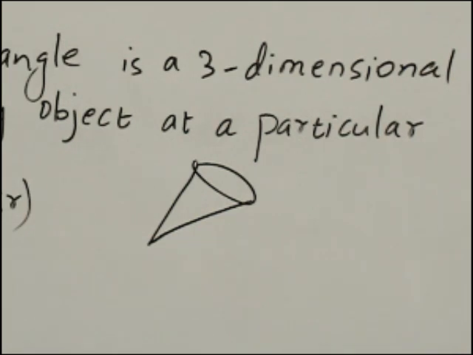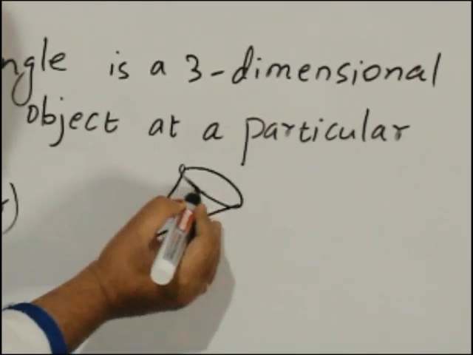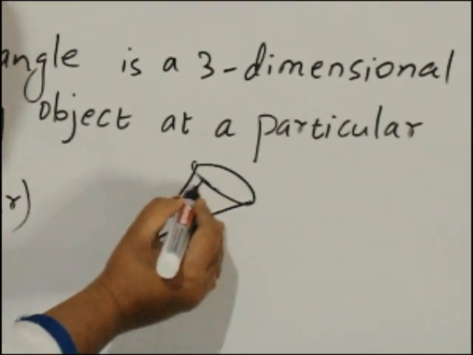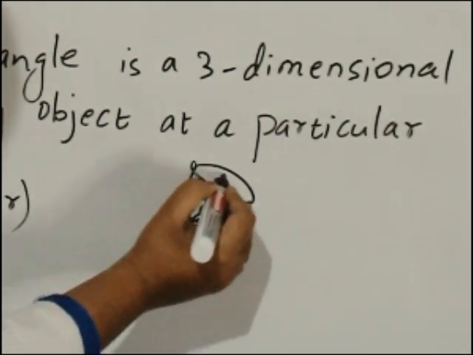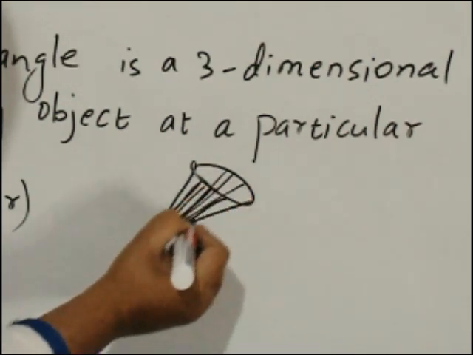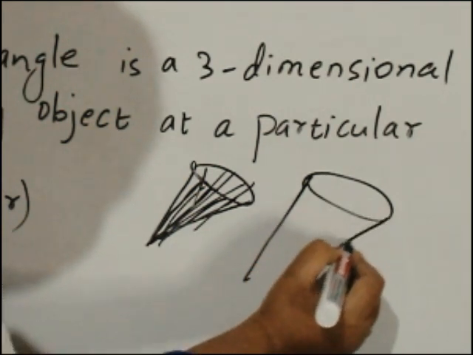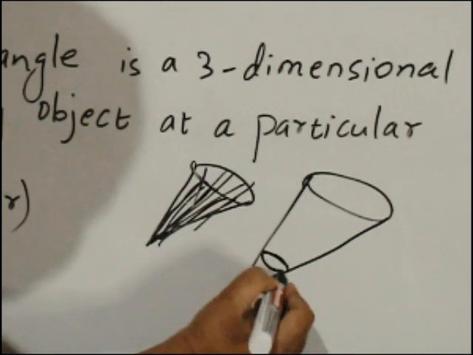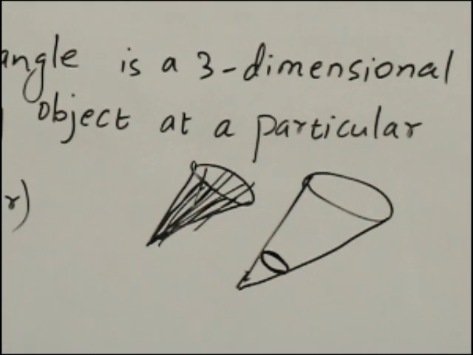Here all the lines on this curved surface come to the common point, from here also, from there also, so many lines. Each forms some angle at the point.